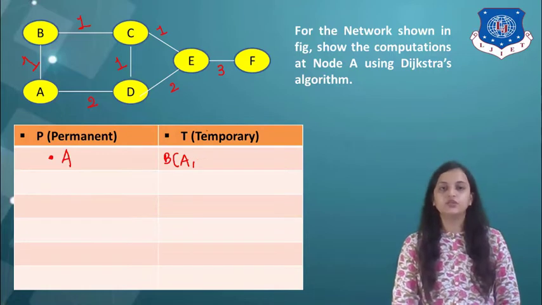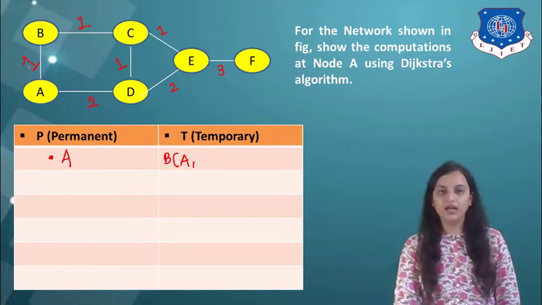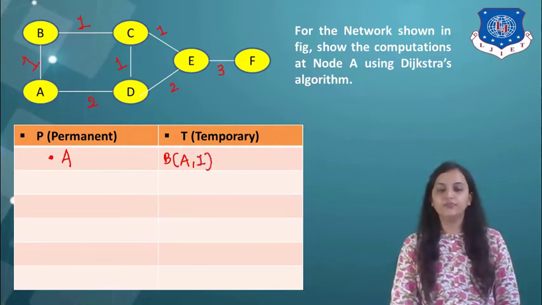Okay, so in this case destination node is B starting from A and the distance is 1. So here it should be written in the way B in the bracket A comma 1. Okay. So this is how you can represent these nodes. This is the syntax using this parenthesis, root node and the distance.